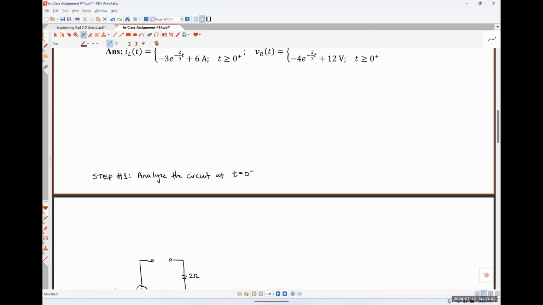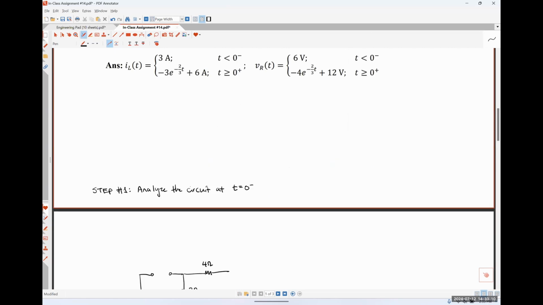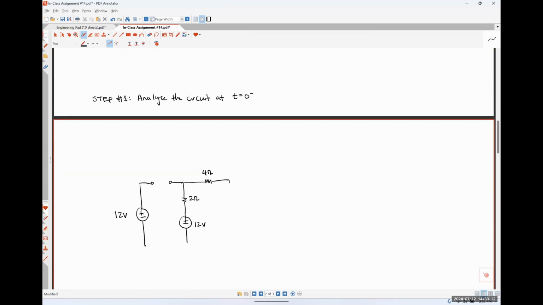We have our 4-ohm resistor. Over here on the right, we have another 2-ohm resistor. This is a voltage drop VR of 0 minus that we're interested in. And then up here, I'm going to have my inductor.